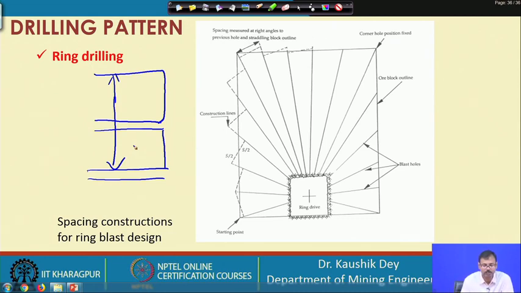So, what is carried out in ring drilling? This acts as the free face for the ring drill holes, and the holes are drilled in all directions. So, suppose you look into this from this direction, this is the opening, then the drilling has to be carried out in this manner.